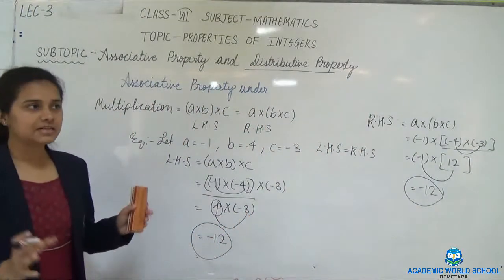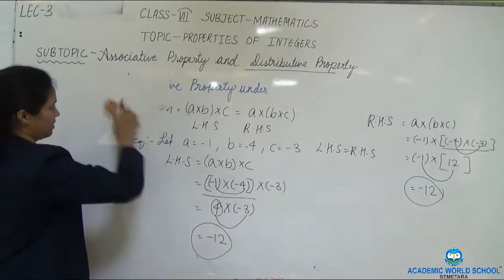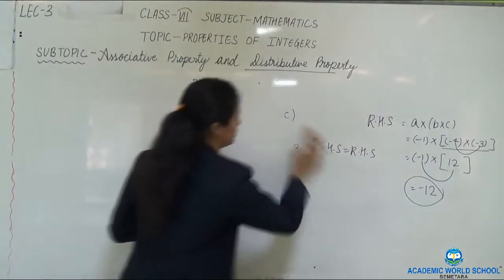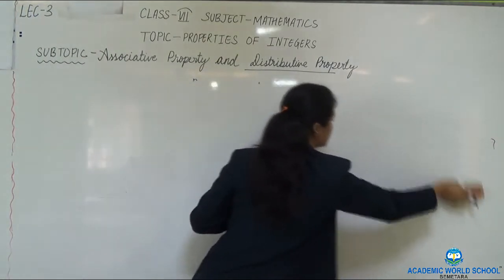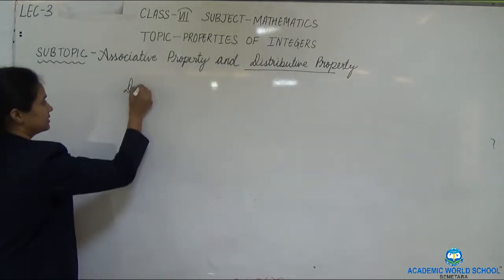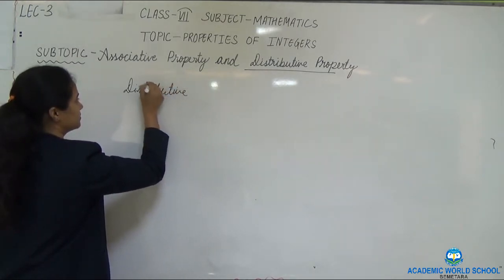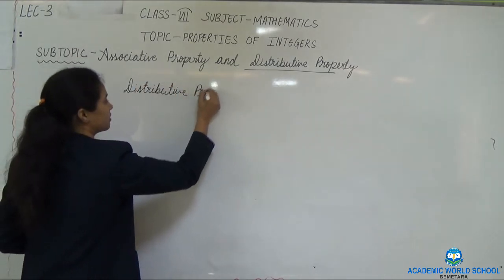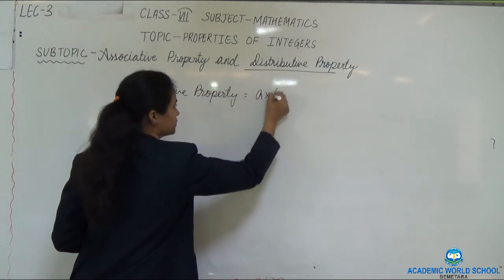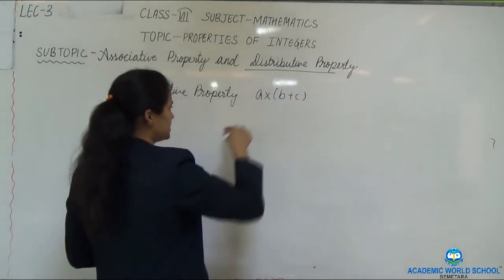The name itself says to distribute. So distributive property says that A × (B + C).